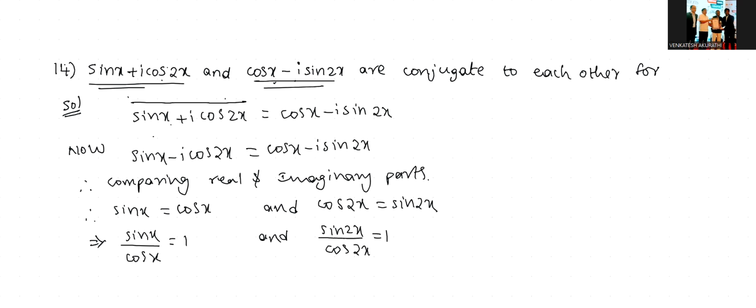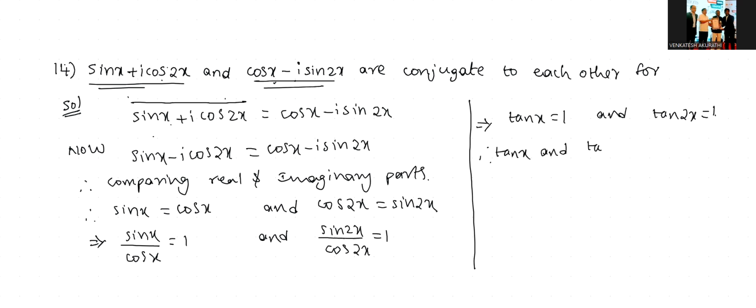That implies tan x is equal to 1 and tan 2x is also 1. Here we observe that tan x and tan 2x cannot be equal to 1 simultaneously.